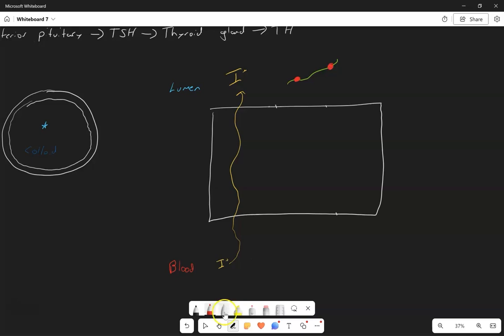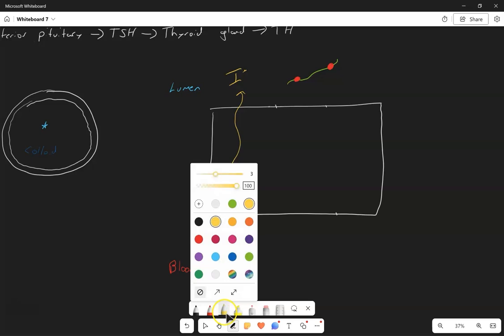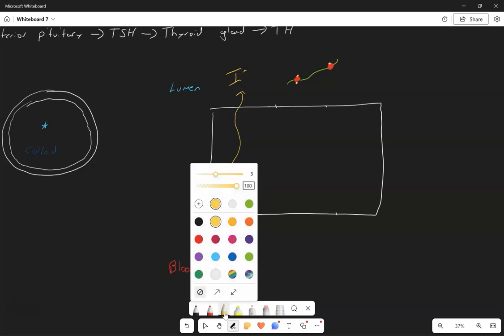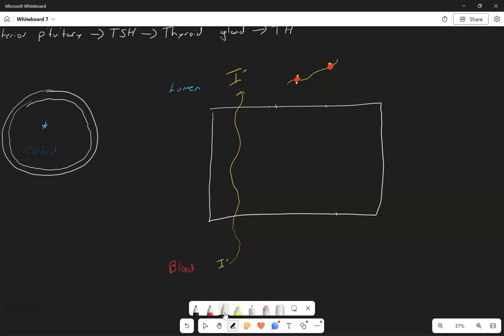Iodine is going to bind to that tyrosine molecule, and this can take two iodine molecules, or it could take one, right? If it takes one iodide, it is monoiodotyrosine. If it takes two, it is diiodotyrosine.